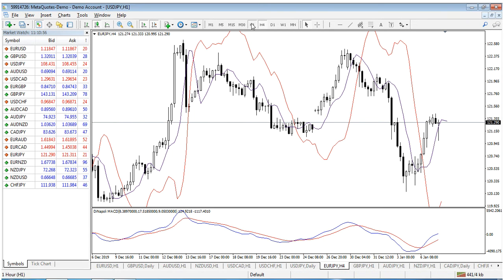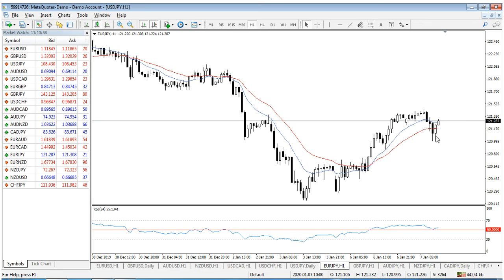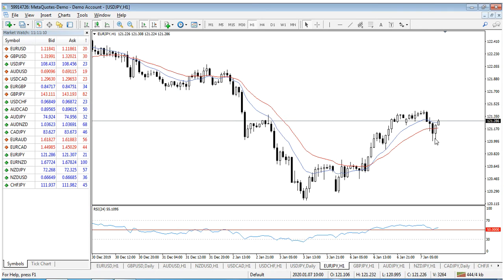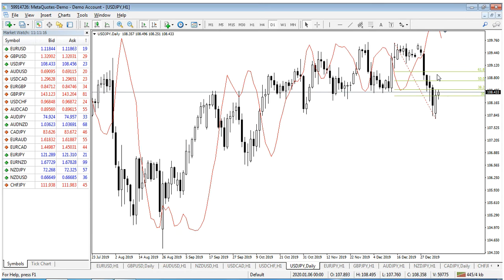The idea is the same because euro is going to the upside, but not with very fast movement, and USD JPY is going to the upside. So I entered buy in Euro JPY as per the plan, and the stop loss is here, and we will be holding this position until USD JPY hits this 61.8, that is 109 or 108.955 area. So that's all about the euro.